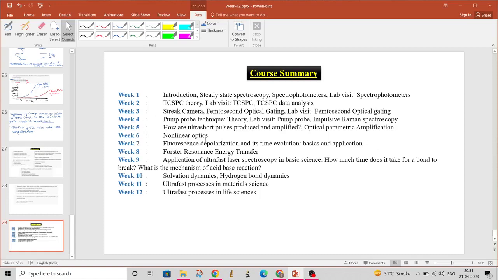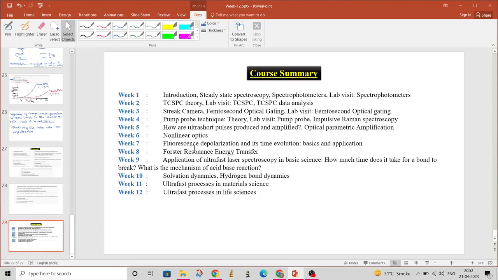In week 5, we saw how ultrashort pulses are produced, how they are amplified, and then we looked at optical parametric amplification. Then in week 6, we discussed nonlinear optics, in which we saw that for a crystal to show nonlinear optics, it should not have a center of symmetry, and it should have a high chi-square value.